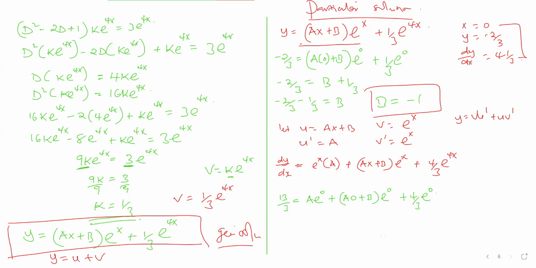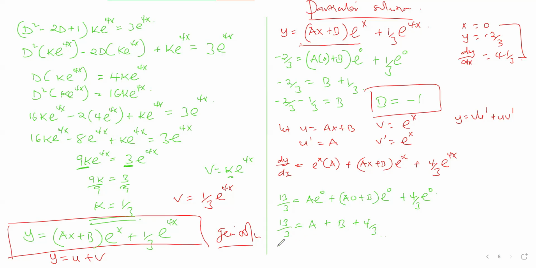So just be careful when you're evaluating this part. a e to power 0 is 1, so times a gives you a, plus this one is 0 plus b, so plus b, because this one is 1. Then plus this one is 4 over 3. But you have your value of b.